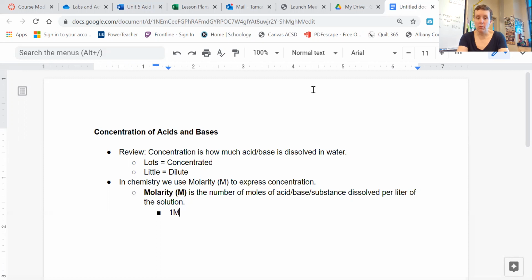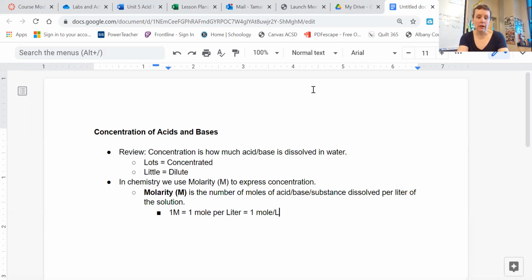So 1 molar equals 1 mole per liter. We can write it a couple of ways, but 1 capital M, we would say 1 molar. So verbally we say molar, and that means 1 mole per liter.